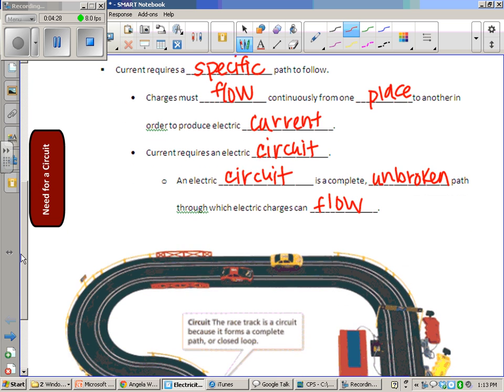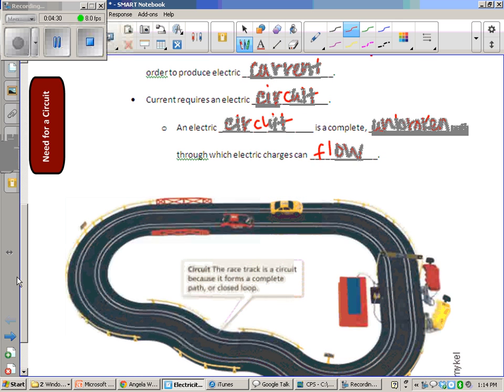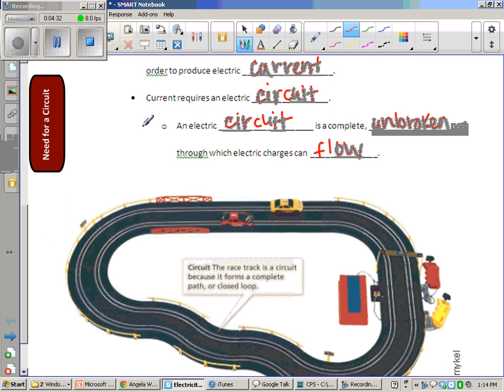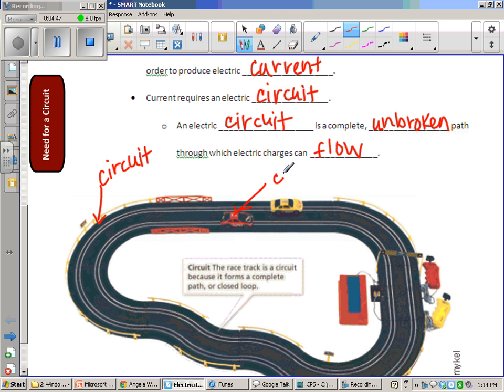Okay, so let's take a look at your racetrack down here. This is a good analogy for a circuit. Okay, the racetrack itself represents the circuit, a complete unbroken path. But your little race cars represent your current. You can think of it as your car-rent.